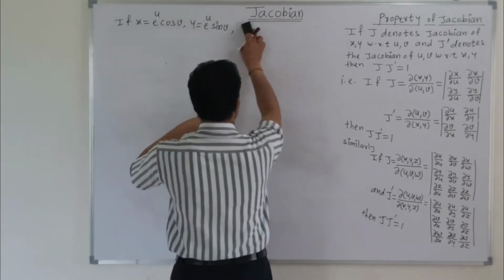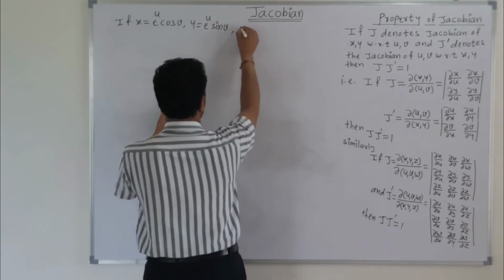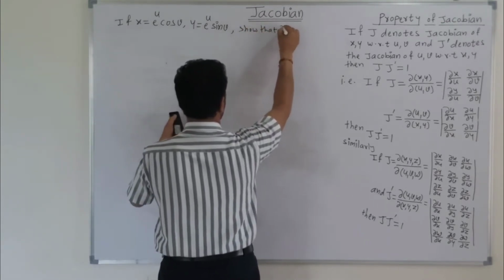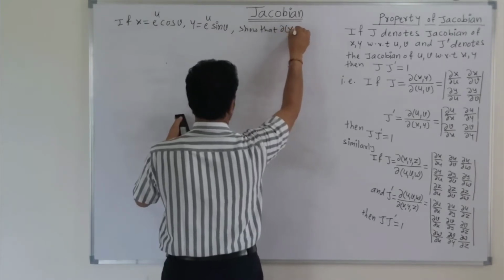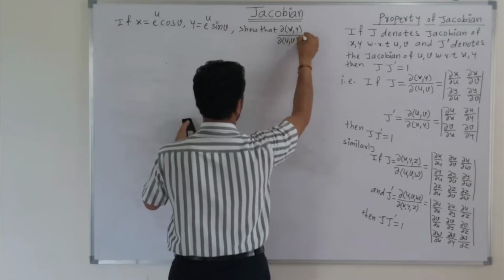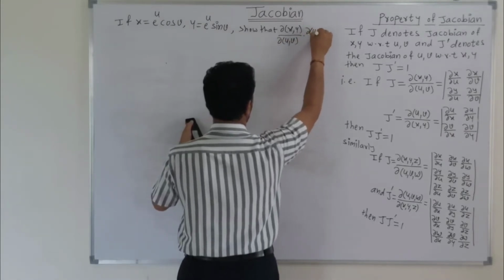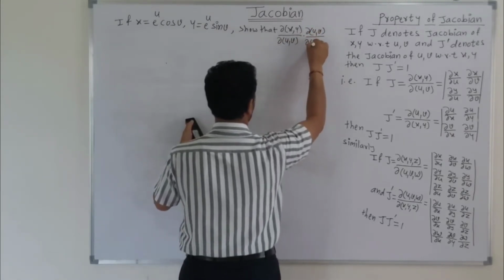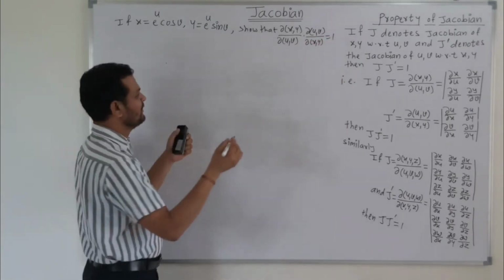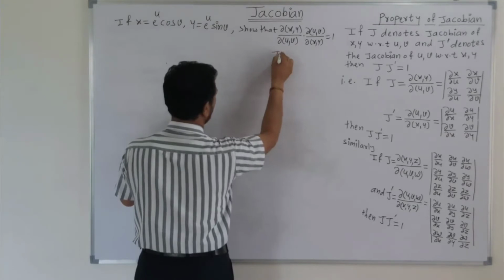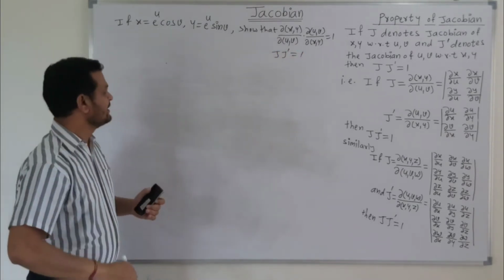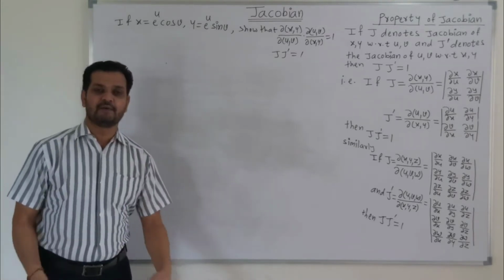Or some people may write this as: show that the Jacobian of xy with respect to uv into the Jacobian of uv with respect to xy is 1. So both ways it is possible to show that, either this way or show that j into j dash is 1. Now friends, this is one of the important questions.